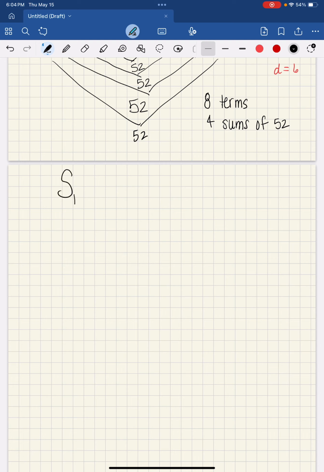S for sum. The sum of n terms in an arithmetic series is n over 2 times the quantity t sub 1 plus t sub n. In the sum of an arithmetic series, n is the number of terms, not the term number, the number of terms in the list.